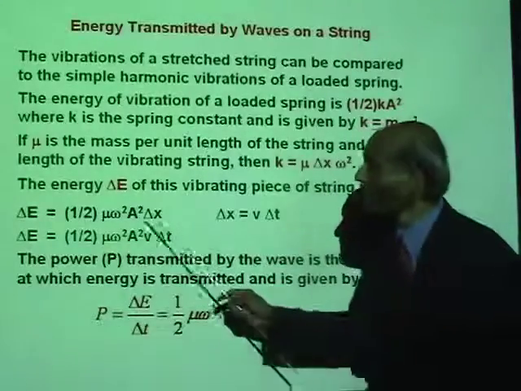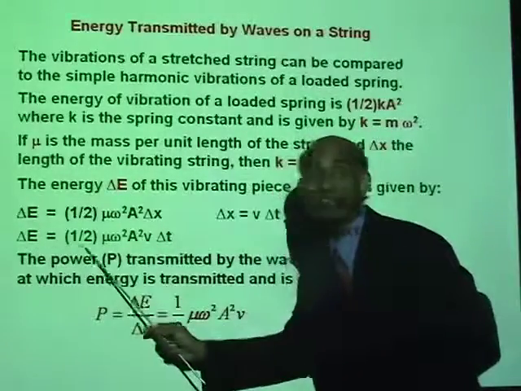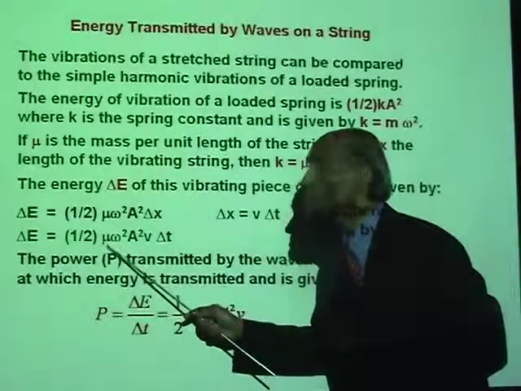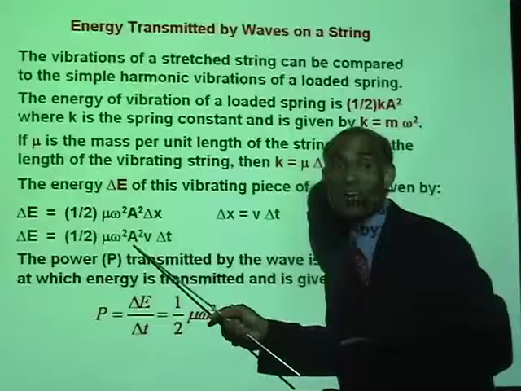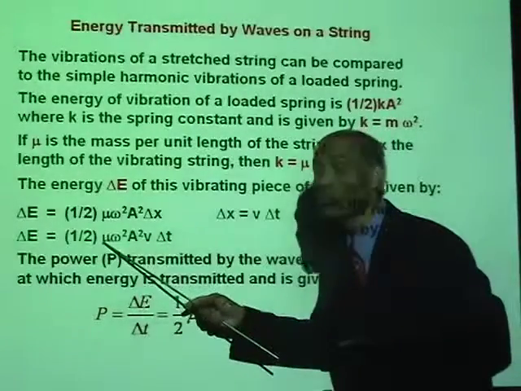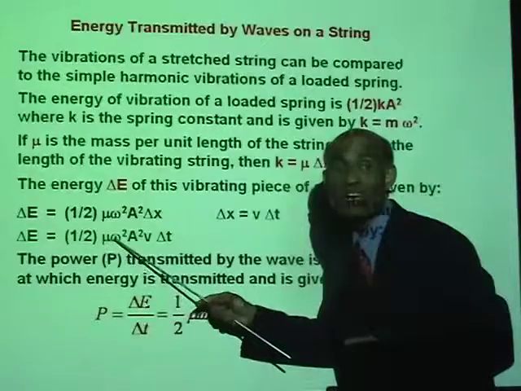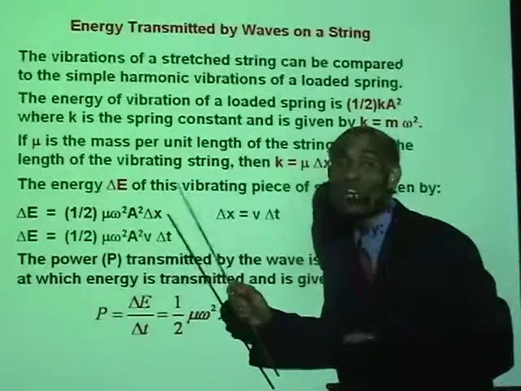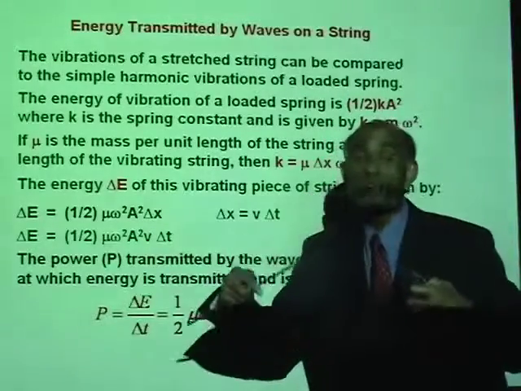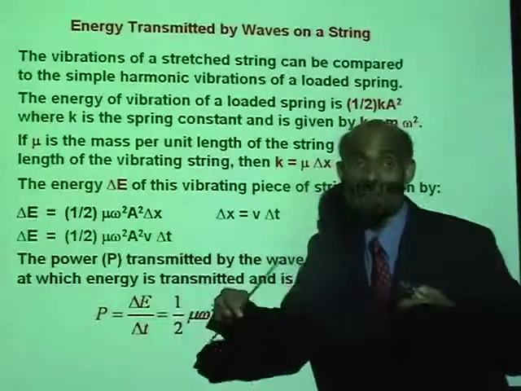A very important relation. The energy transmitted by a vibrating string is 1/2 mu omega squared A squared V delta t, where mu is the mass per unit length, omega is the angular frequency, the omega equal to 2 pi f. Is that right?